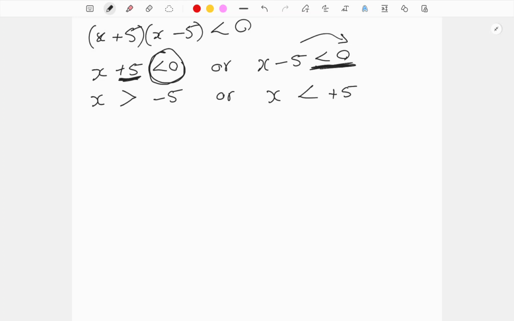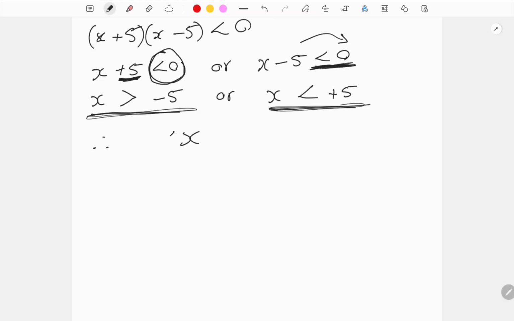So meaning we can have any x that is greater than minus 5, and any x that is less than 5. Therefore, we can represent it by both signs, on the left and on the right.